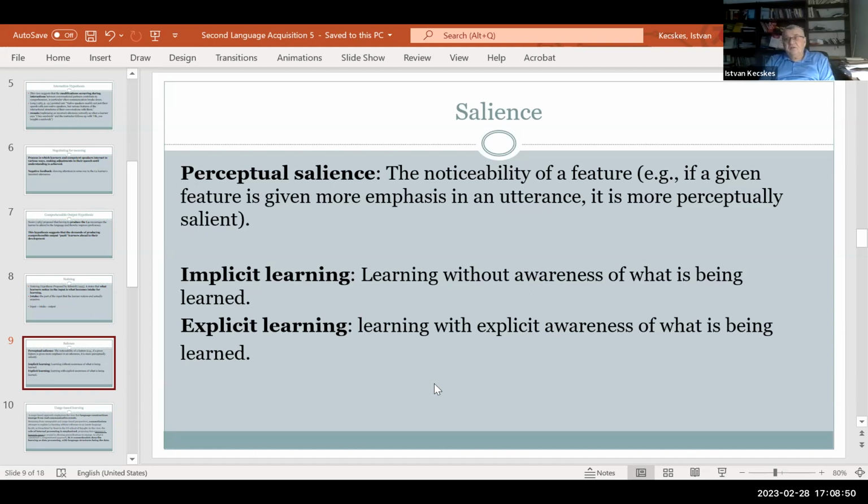has received quite a bit of attention, and even nowadays there are studies that are connected with the noticing theory, and several people use that as a theoretical framework, and there is nothing wrong with that, because it's quite a well-developed theory.